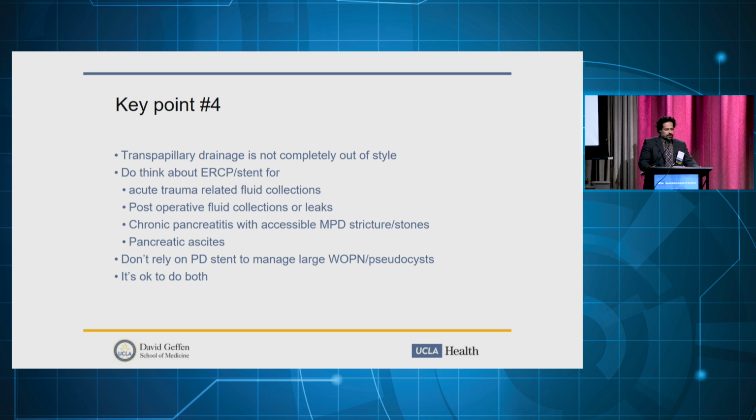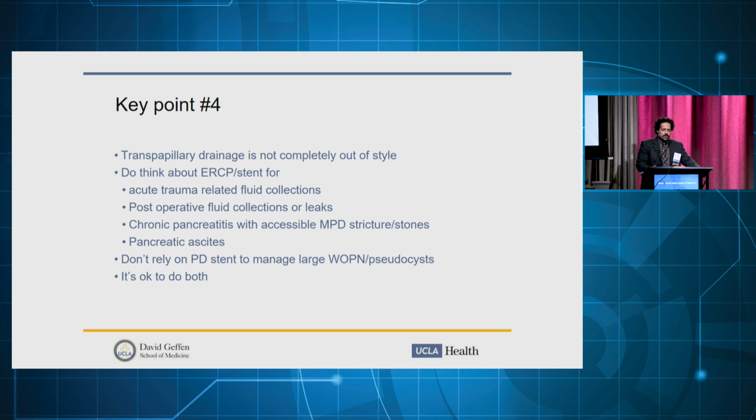So we talked about transmural drainage a lot, but transpapillary drainage is still cool when you need to. The time that it probably is most common is trauma. Someone gets whacked in the belly and they have, right across the spine in the middle of the pancreas body, an injury to the duct, and those are often stentable.